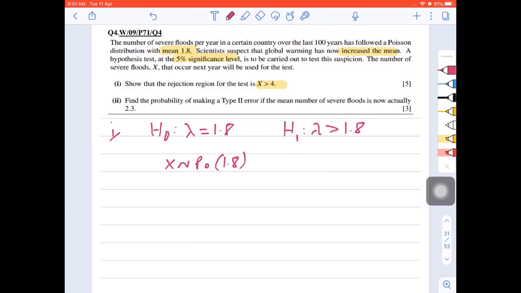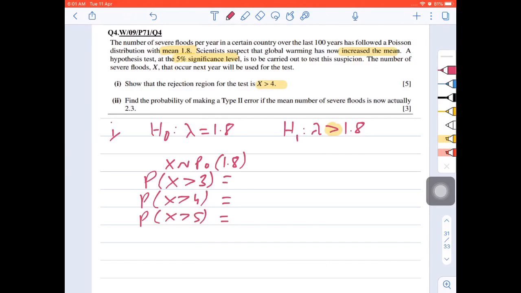They're saying that we show the rejection region for the test is X greater than 4. So let's find the probability of X greater than 3, since it's an upper tail test, probability of X greater than 4, and probability of X greater than 5. The one that is slightly less than 0.05 will be the correct one.